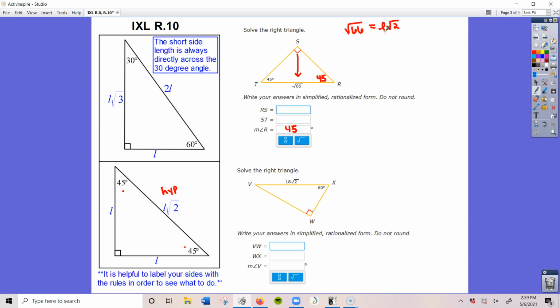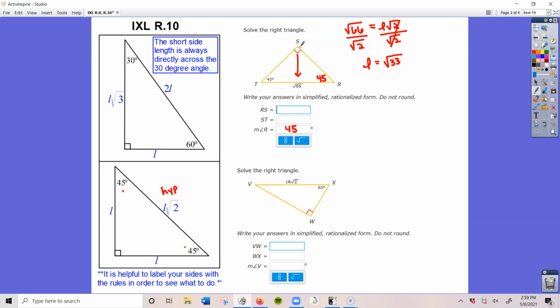So in order to get the L alone, I have to divide by the square root of 2. When you are dividing two radicals, what you can do is divide the radicals together. Like the 66 divided by 2 is 33, but we keep it inside the radical. So L is equal to the square root of 33.